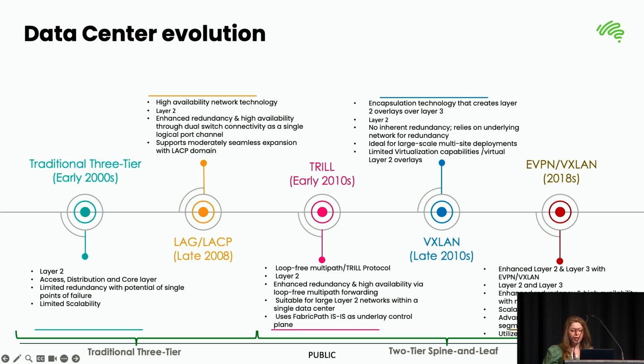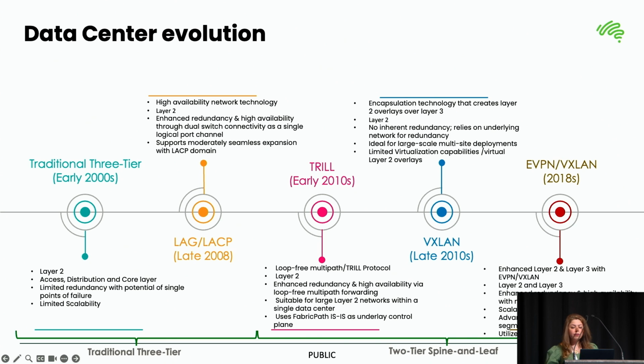These logical connections are like virtual pathways that allow devices to communicate with each other seamlessly as if they were in the same local network, even though they might be in different geographical locations. This is useful in various scenarios, such as connecting data centers, cloud services, and remote offices.